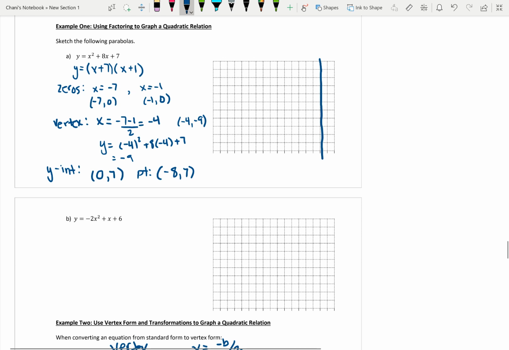So I'm going to put my axis here, but then I'm going to do my scale by 2 so I can fit everything. So 2, 4, 6, 8, negative 2, negative 4, negative 6, negative 8. So this is my x-axis and my y-axis, but this is just going to go by ones.